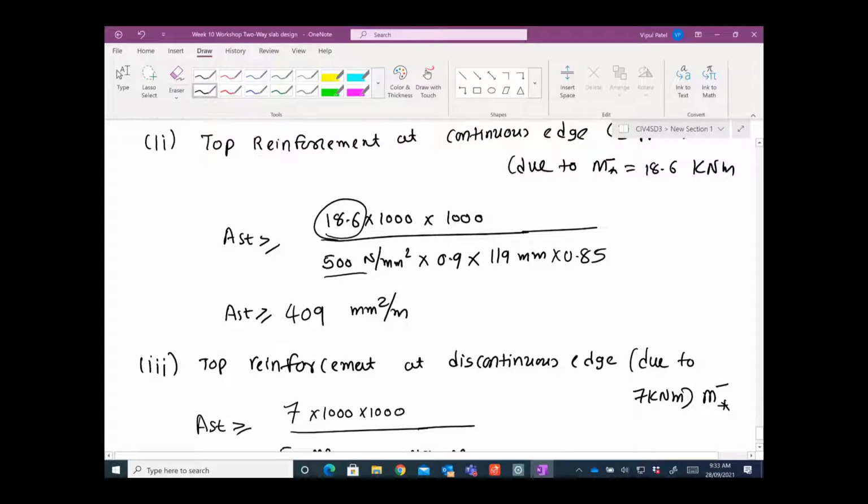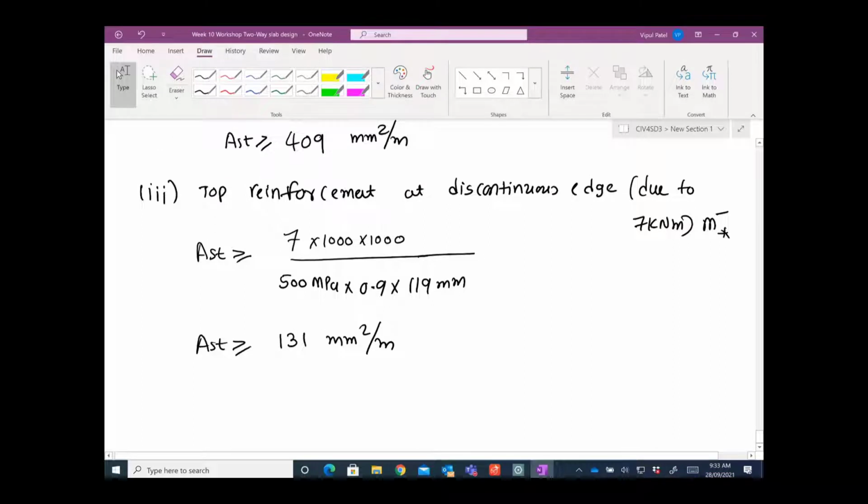That sounds good. And then here, just multiply by 0.85. So 7 times 1000 times 1000 divided by 500 times 0.9 times 119 times 0.85, you get 154. So that sounds good.